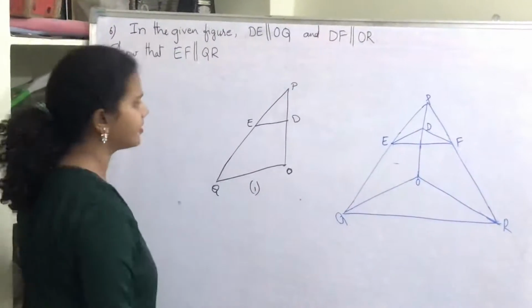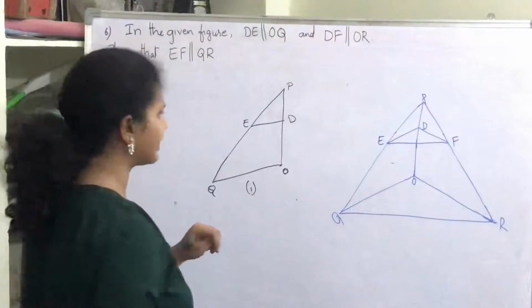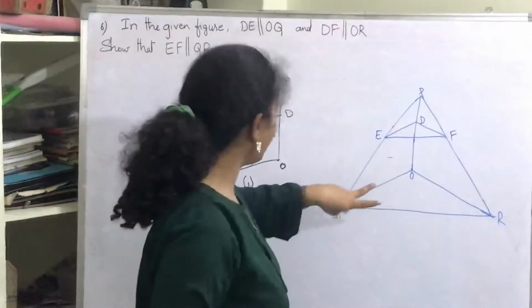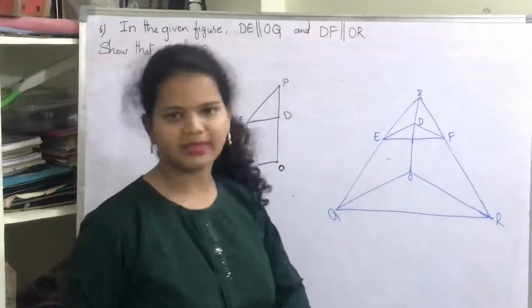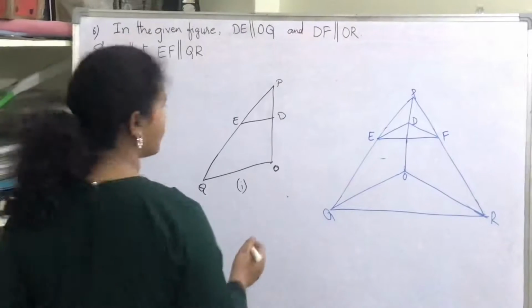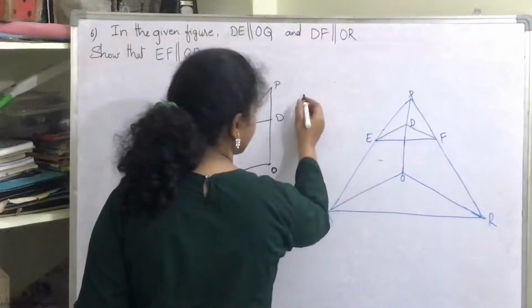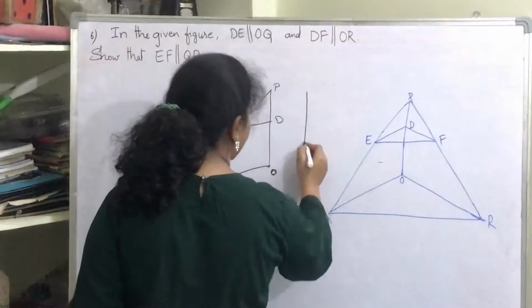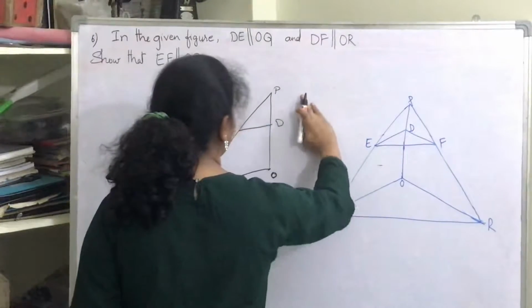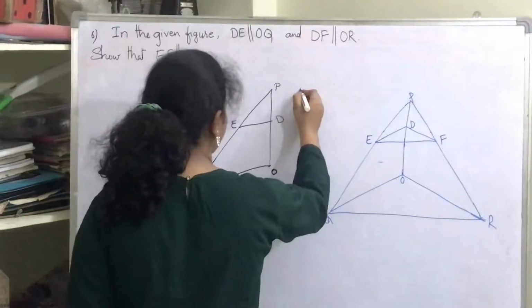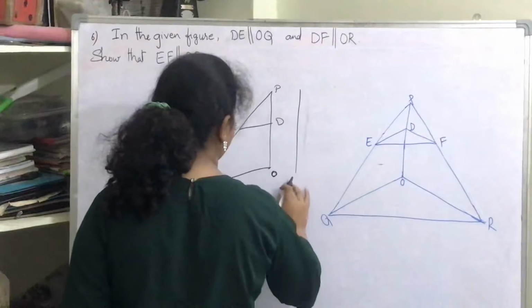Now let's take the second triangle, here you have POR. Let this be the second triangle POR.